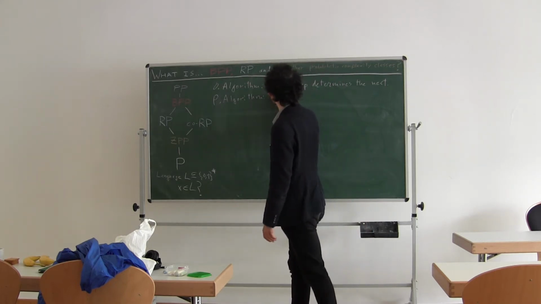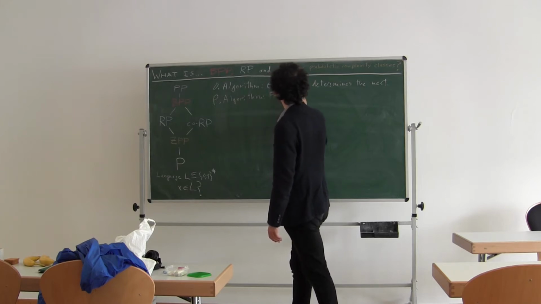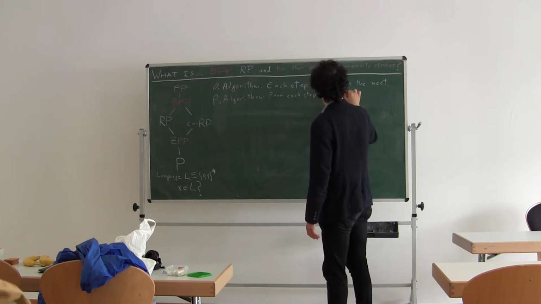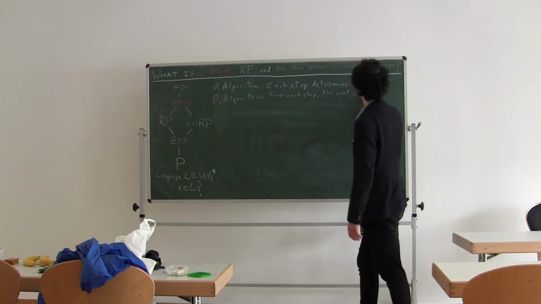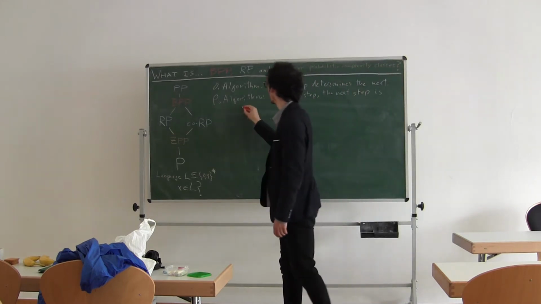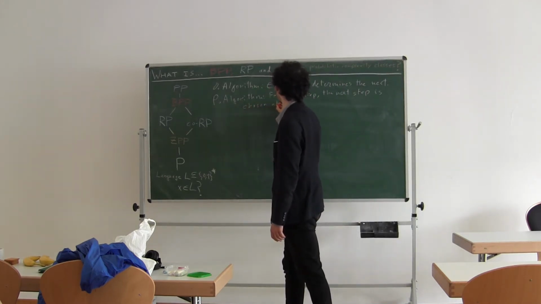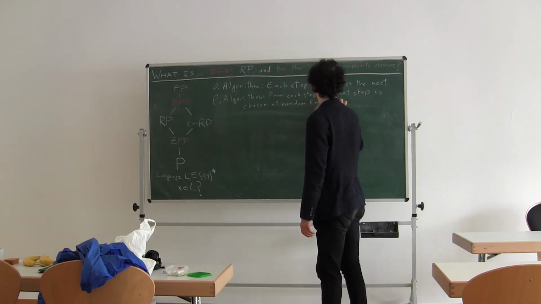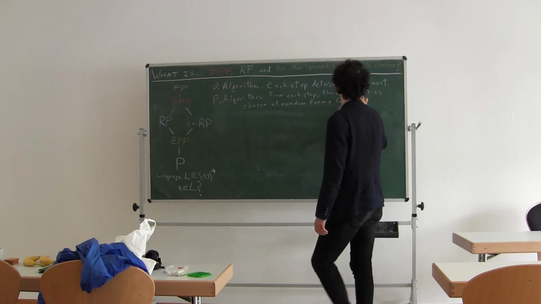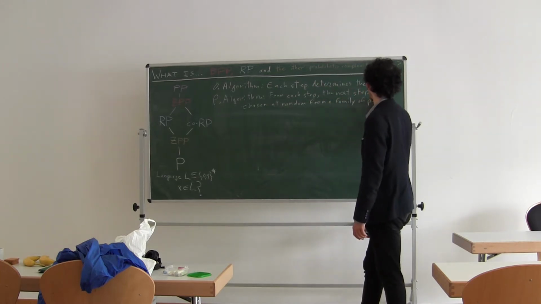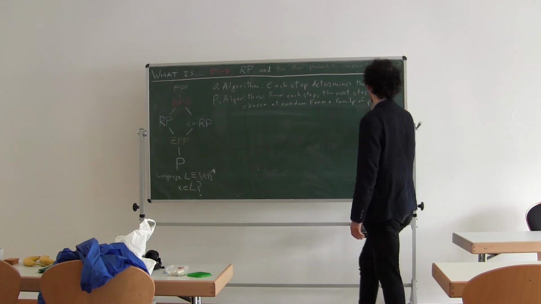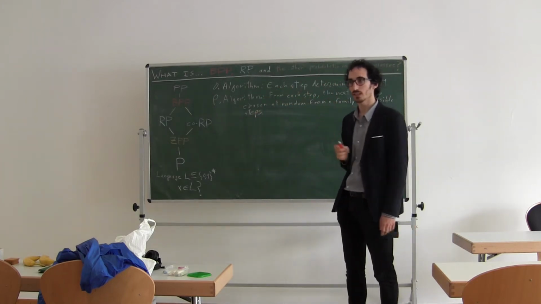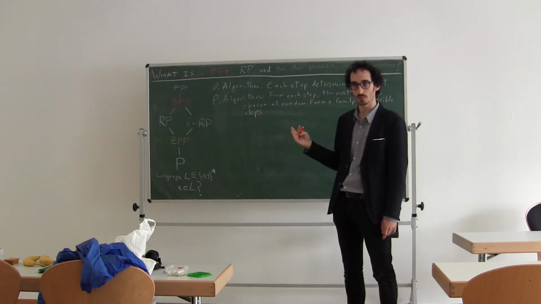So essentially, from each step, the next step is chosen at random from a family of possible steps.